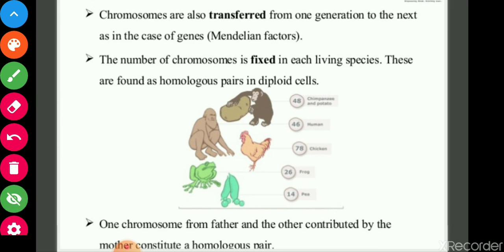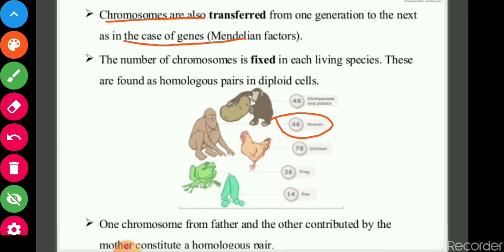Now see, chromosomes are also transferred from one generation to the next, as in the case of genes; chromosomes are transferred and the genes are also transferred. The number of chromosomes is fixed in each species, as in humans there are 46 chromosomes. Every species has a different number of chromosomes in diploid cells.